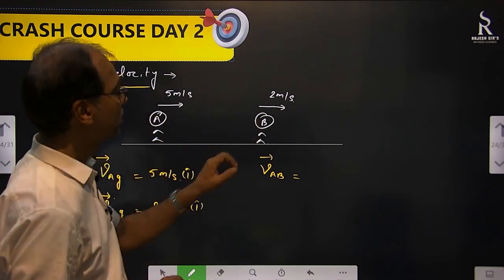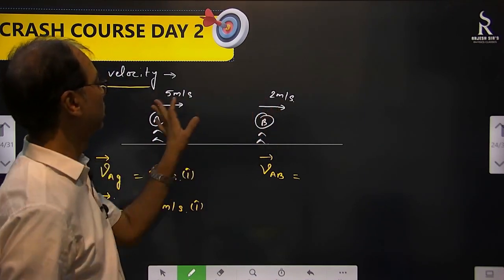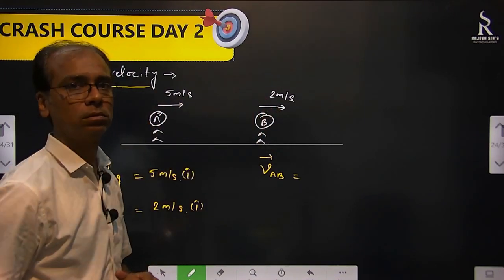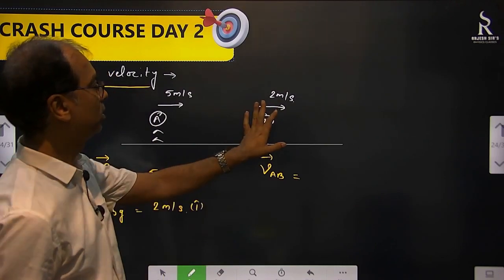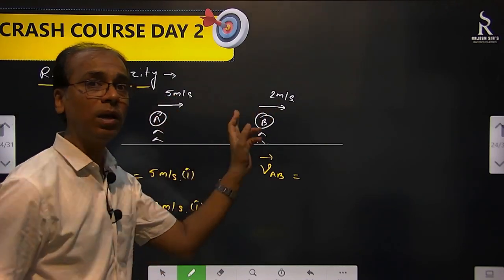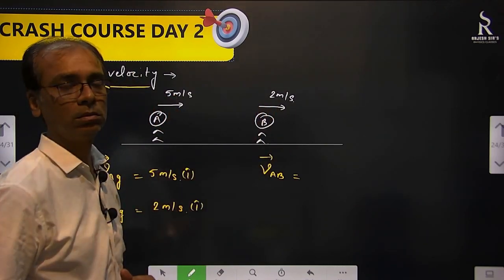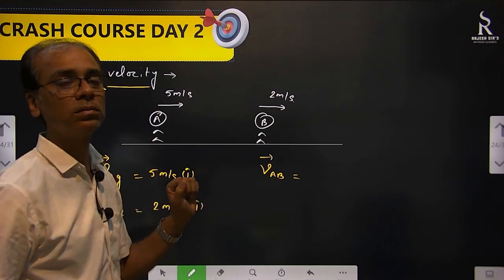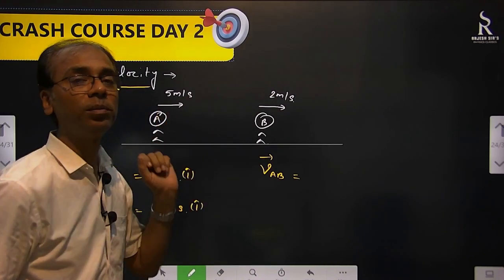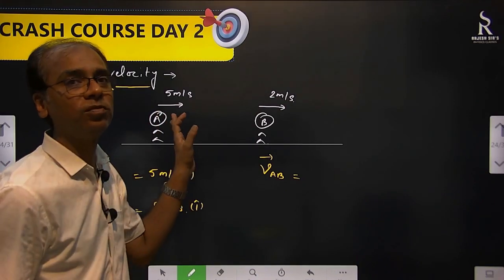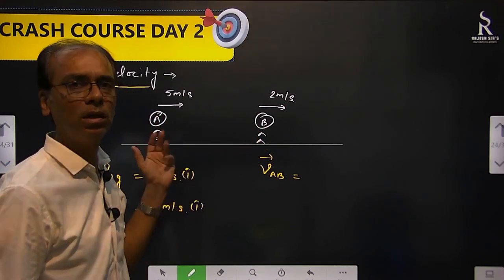So what B says, if I am at rest, then this is coming with 5. No doubt about that. If this is at rest, this is coming at 5. But since I am also moving, so with respect to me, this is coming at 3 meter per second. That means how much faster is this as compared to this? 3.